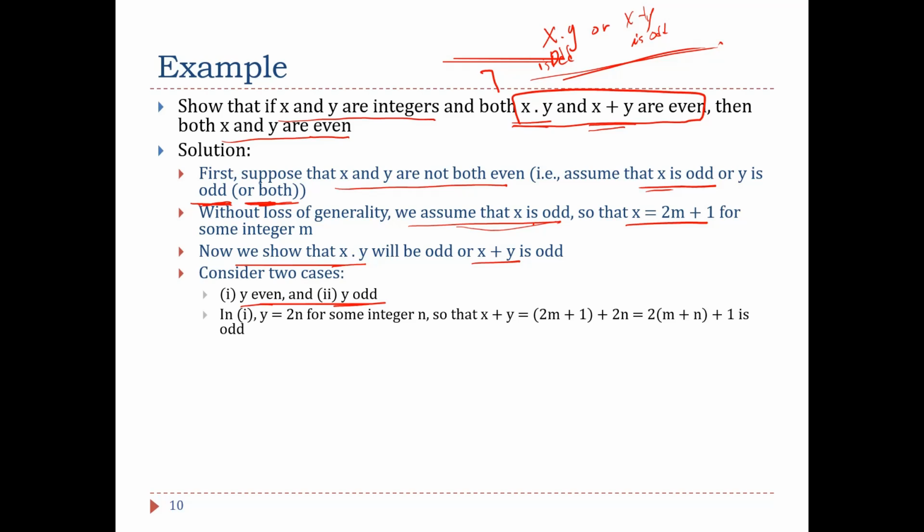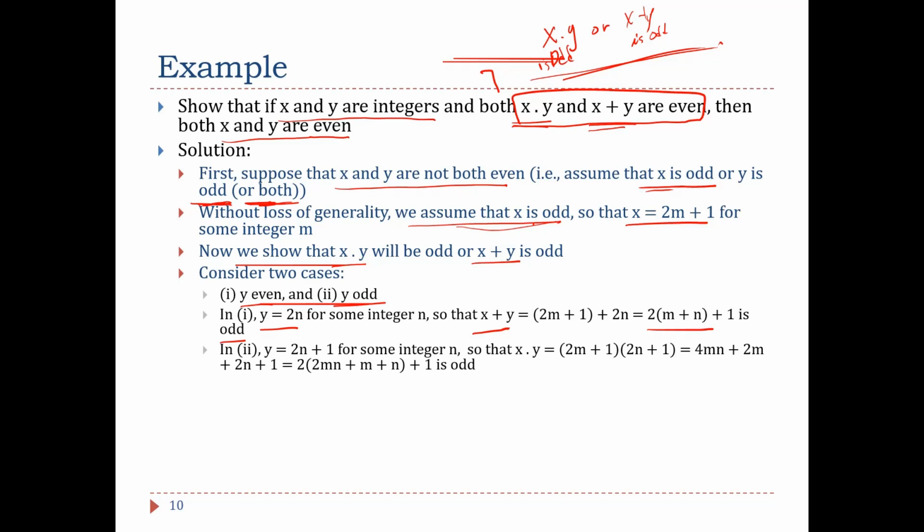In case one, where y is even, y would be equal to 2n. A quick look at the value of x plus y shows that x plus y is necessarily odd. And when you pick y equal to 2n plus 1, which means that y is odd, then you can easily show that x times y is equal to a certain odd number.